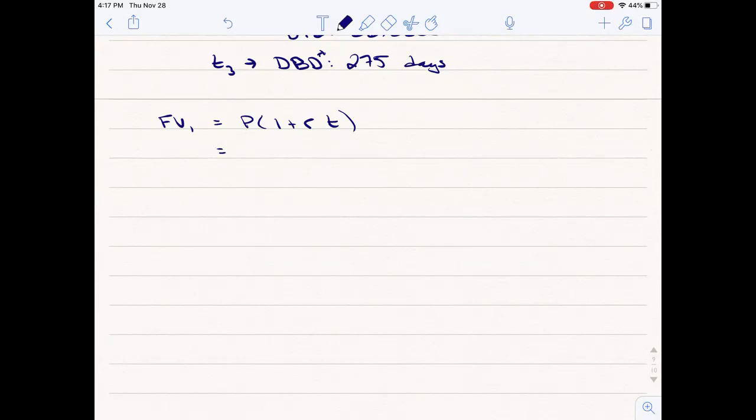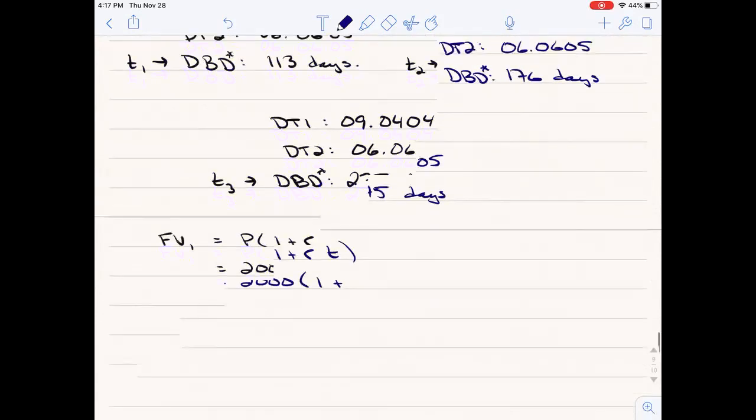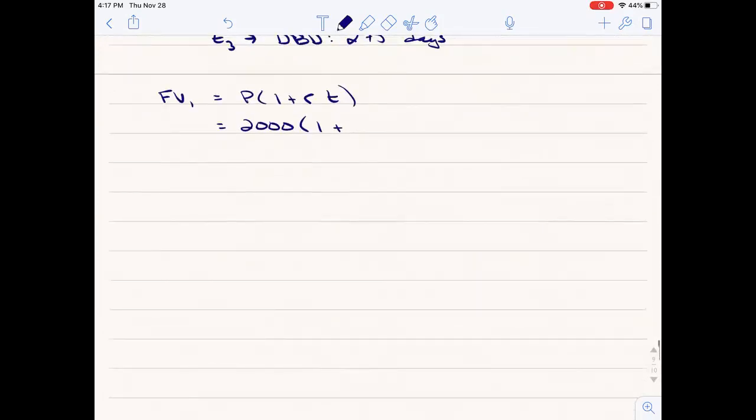Future value 1, so P is the principal amount, and for future value 1, P is 2,000 times 1 plus R, which is 0.075 for all of these, times T, which is 113 over 365 for future value 1. Working from inside our brackets, blooming out.